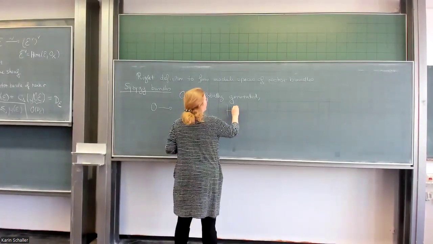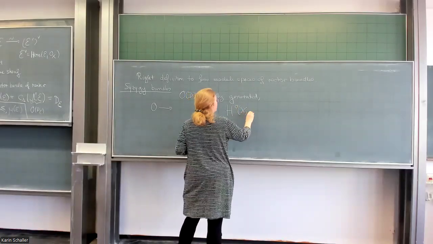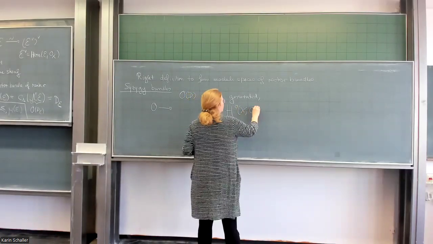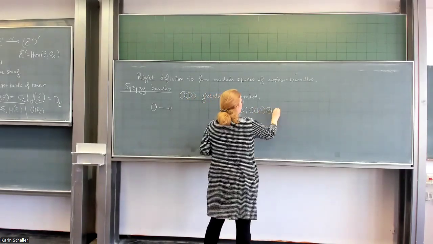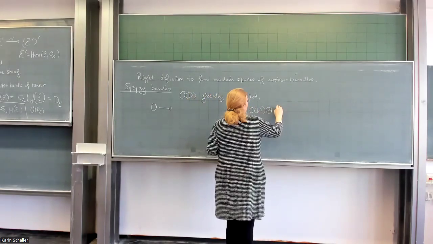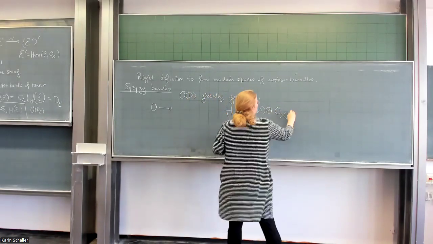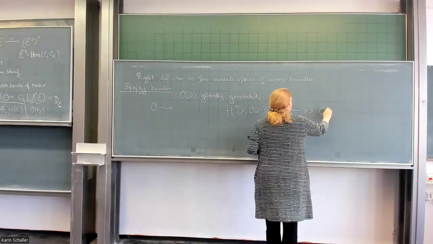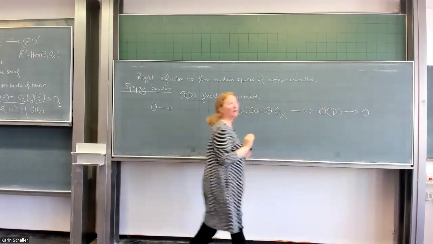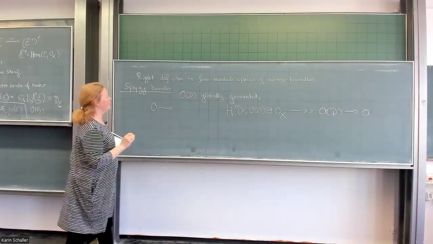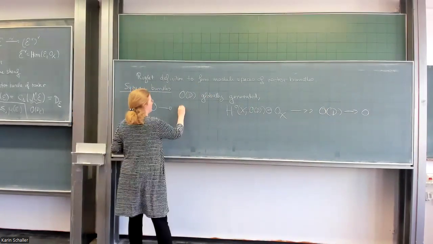If it's globally generated, this means by definition that we have a surjection from the global sections of O of D, tensor O, onto O of D. And we can take the kernel. So we call this M_D.